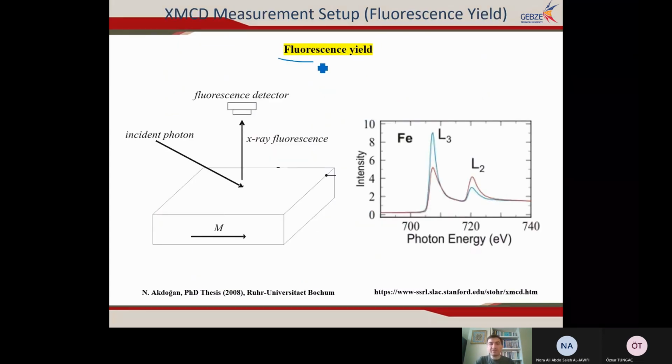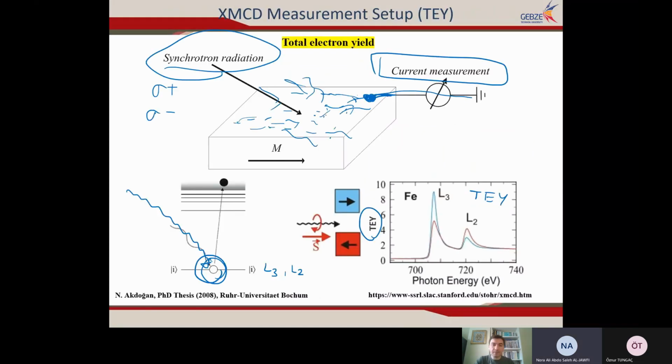And we have another method, fluorescence yield. For example, in this sample, you are asking about the capital M, like it's a magnetization, and you say you are not using a magnetic field. But this is not the magnetic field. This is the magnetization of the sample, an internal property of the sample. I am not using a magnetic field source, okay? There is no magnetic field.